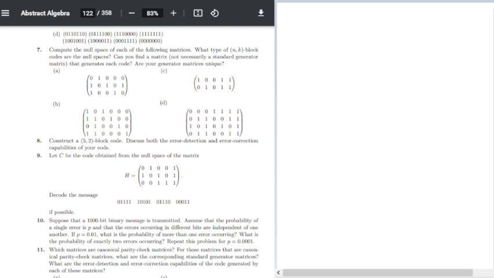So for an example, just to make things fairly simple, let's have C. So we have 1, 0, 0, 1, 1, and 0, 1, 0, 1, 0, 1, 1.